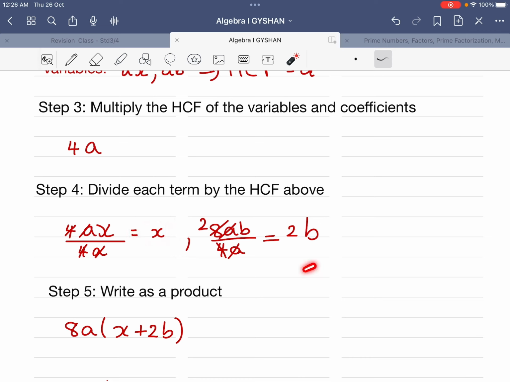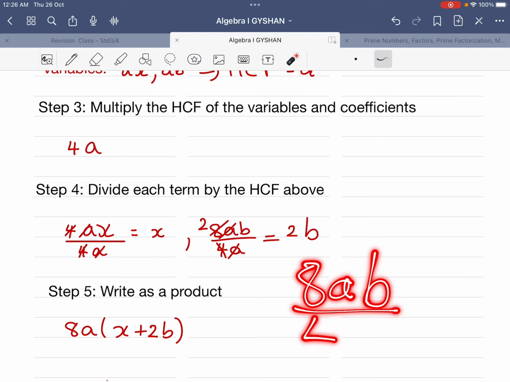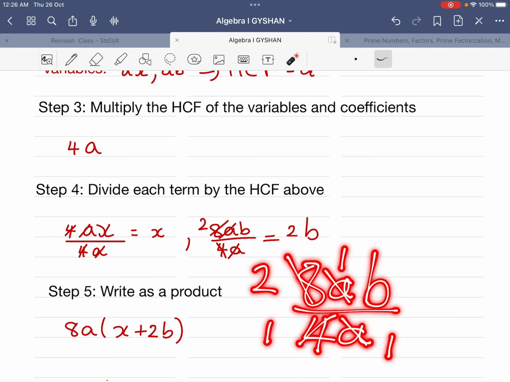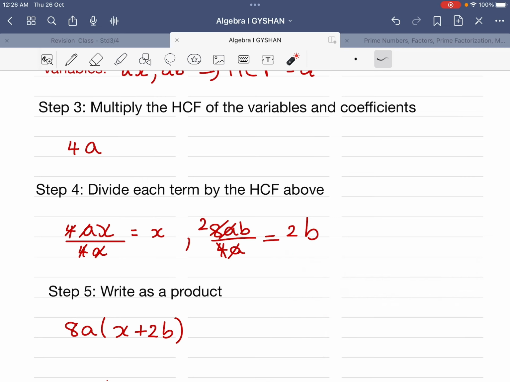And then we have 8ab divided by, again, the same factor, 4a. 4 into 4 is 1. 4 into 8 is 2. A into A is 1. So your answer is 2b. Right, so x plus 2b would go in your bracket. And how would you know if you got it correct? You can simply expand the bracket and you're supposed to get the original expression.